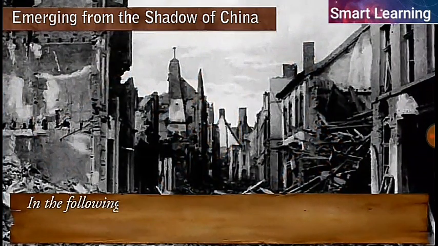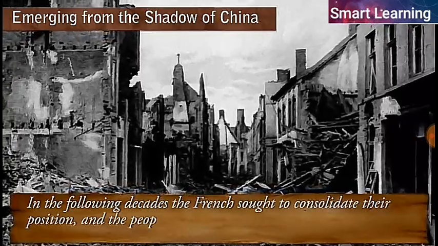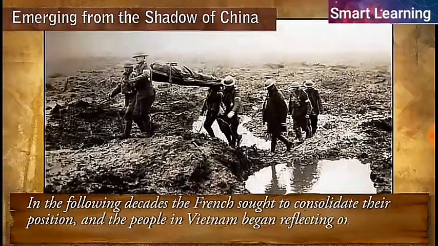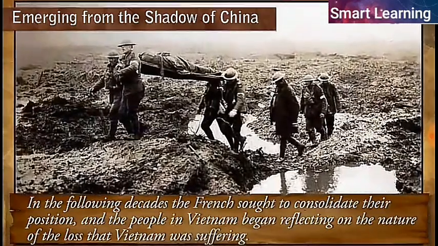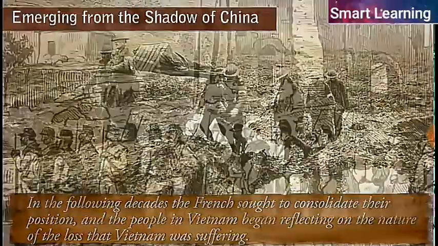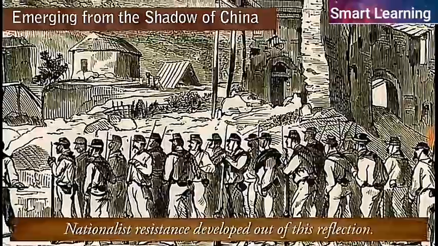In the following decades, the French sought to consolidate their position, and the people in Vietnam began reflecting on the nature of the loss that Vietnam was suffering. Nationalist resistance developed out of this reflection.